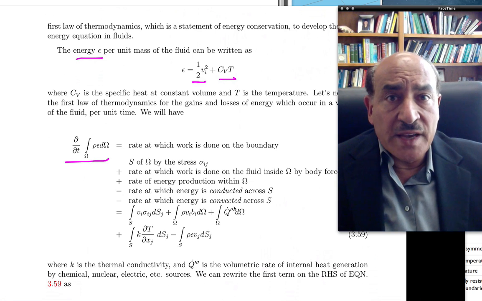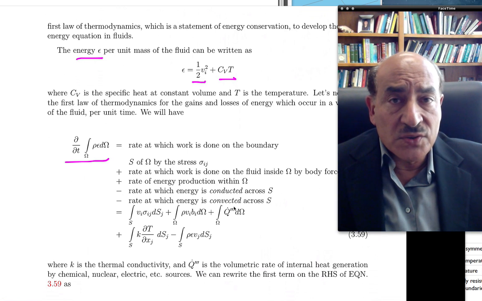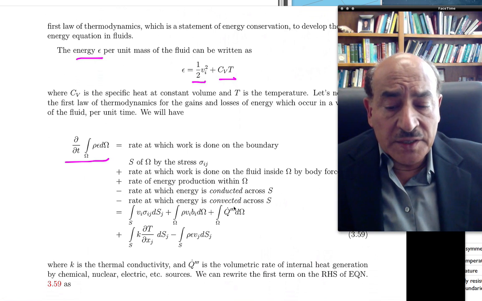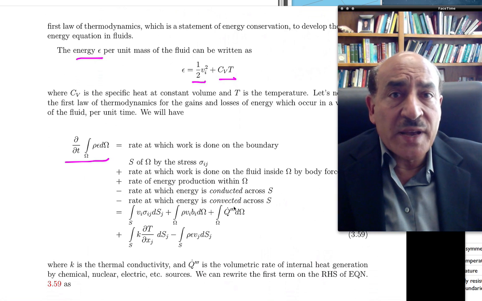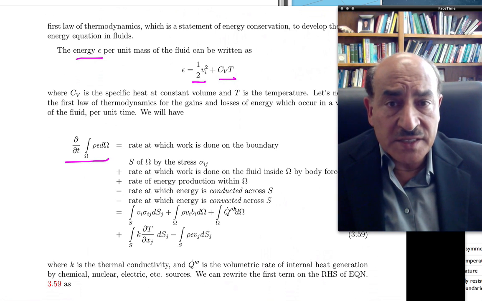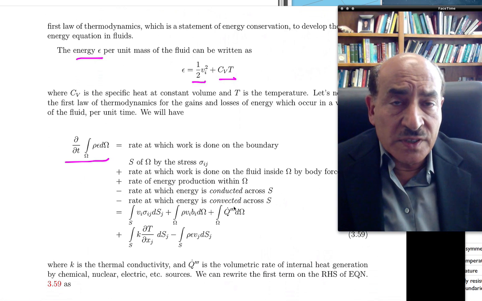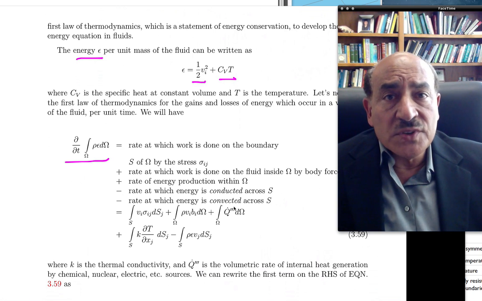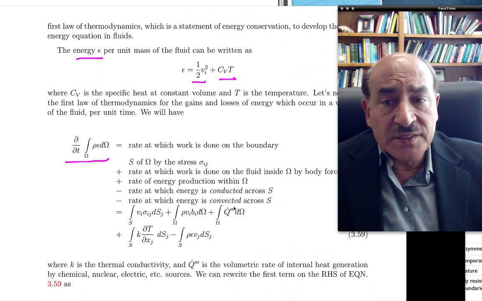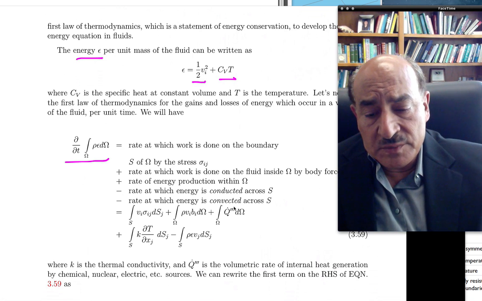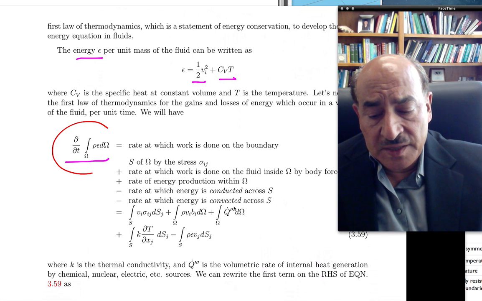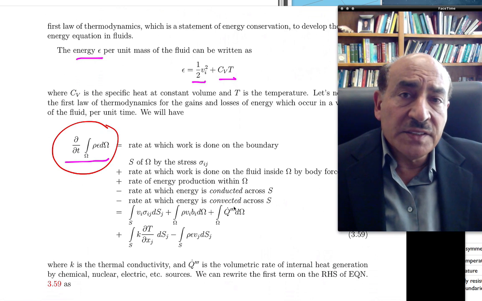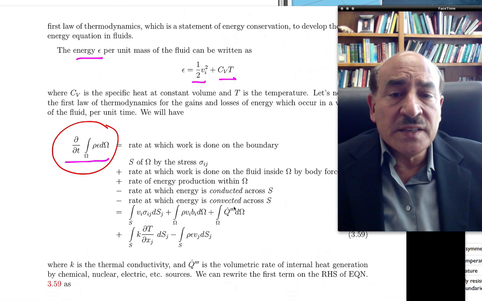If you have 1 unit volume, then the mass is rho, and you have epsilon per unit mass, so you have rho times epsilon, that's the energy content. You integrate it over the entire volume omega, and then you take the time derivative, and you obtain d by dt of the integral of rho times epsilon.